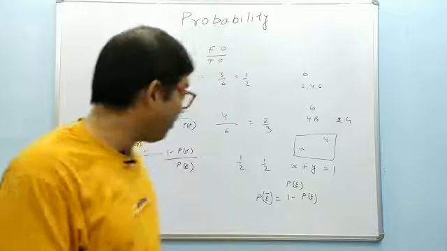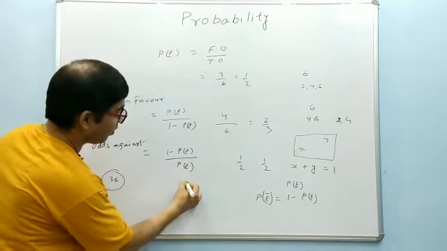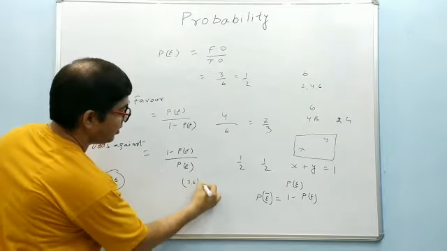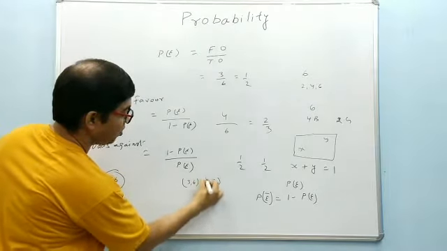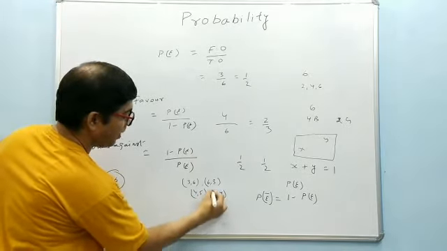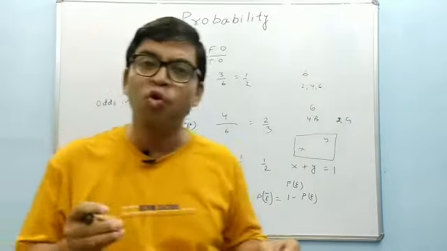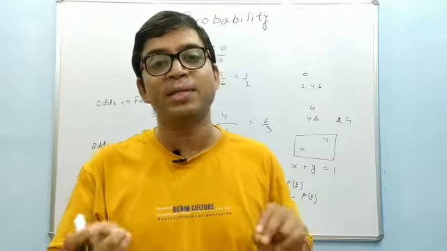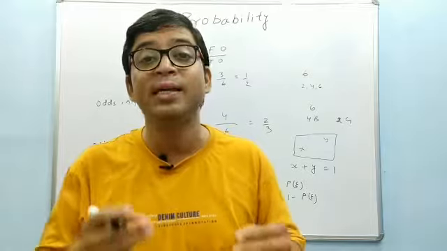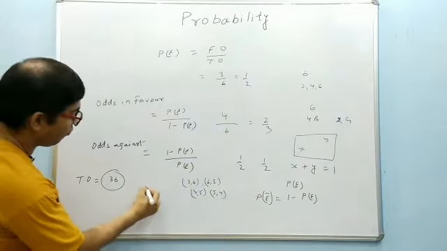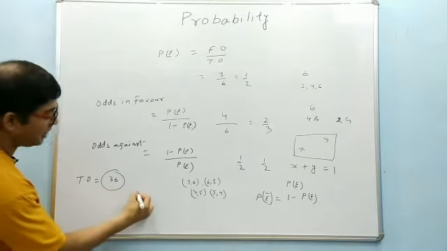So what will be the favorable outcome? 9 can be made as 3 and 6, 6 and 3, 4 and 5, 5 and 4. That's all. Only 4 possible ways are there when the sum of the numbers appearing on the 2 dice makes 9. So the favorable outcome here is 4 and the total outcome is 36.